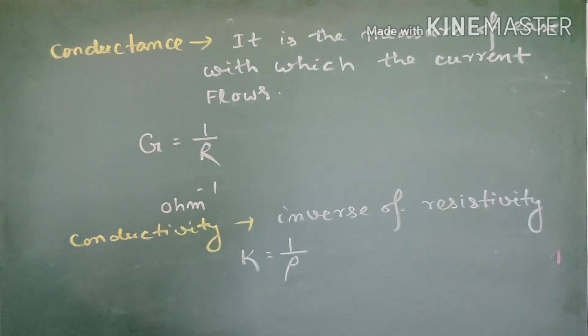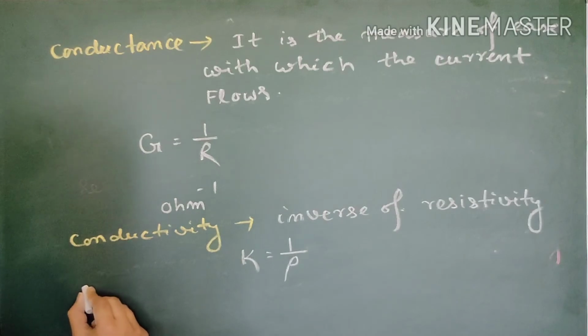Now here, a few things we have to say. Conductivity can be defined as the conductance of a solution of 1 centimeter length and having 1 square centimeter as the area of cross section. Because remember, resistivity is the resistance of a conductor of 1 centimeter length and 1 centimeter square cross-sectional area. So this one is just the opposite.